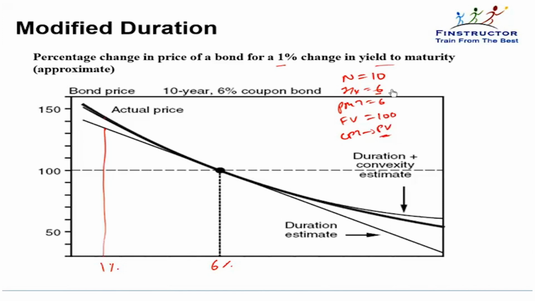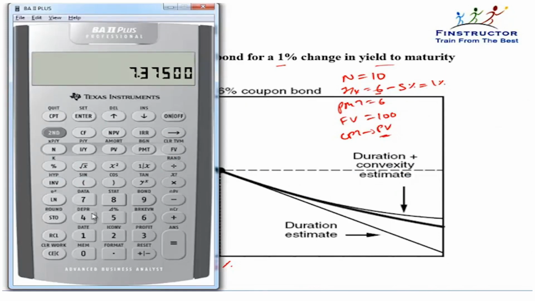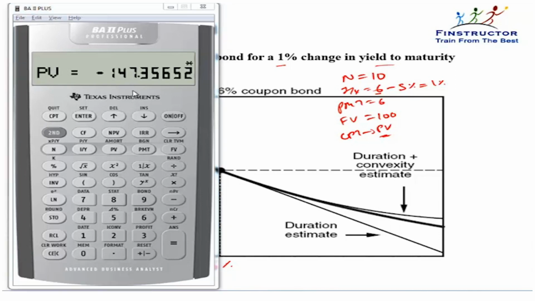So if yields fell 5%, to a value of 1%, then the price of the bond can be calculated by entering 10 as N, 1 as I/Y, 100 as FV, 6 as PMT, and computing PV. So the price becomes 147.35.